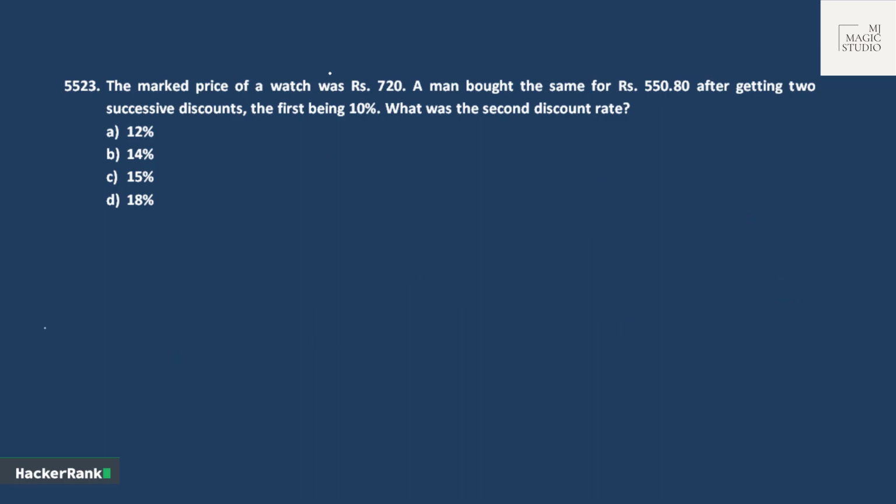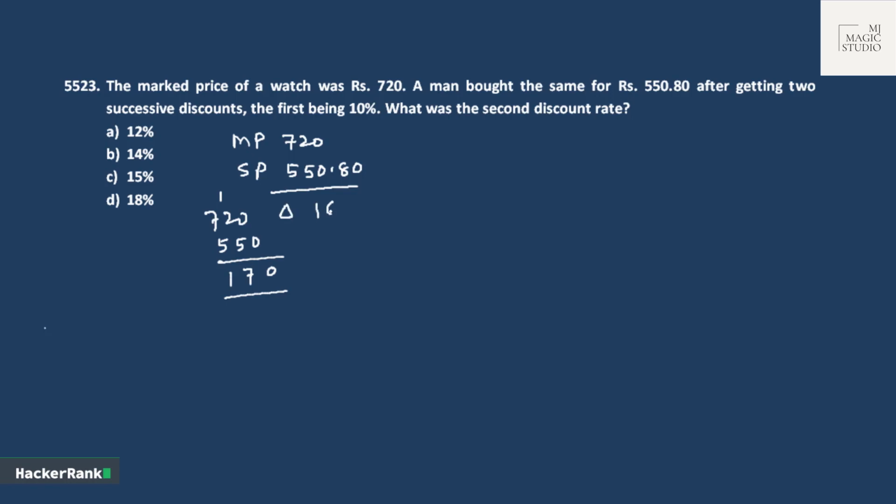Let's try this again with some other process. We need to be quick with whatever process we did before. Marked price 720 and final selling price is 550.80. Let it be 551. So what is the difference? 720 minus 551 is 169.20 actually.